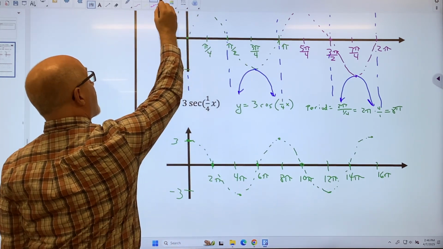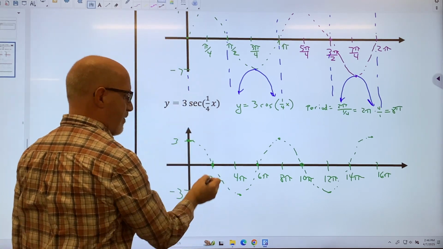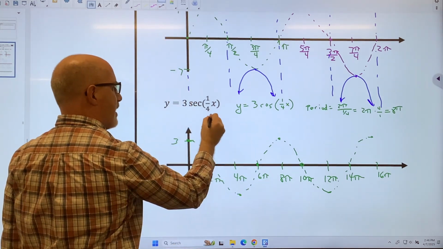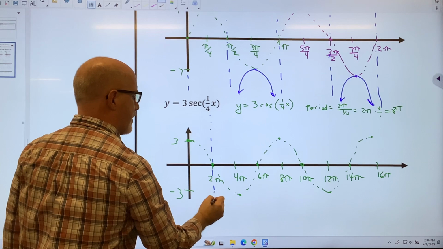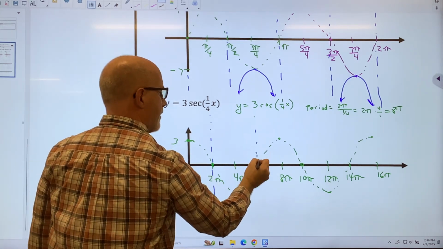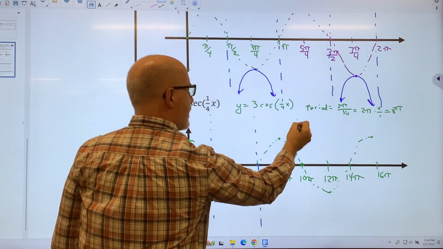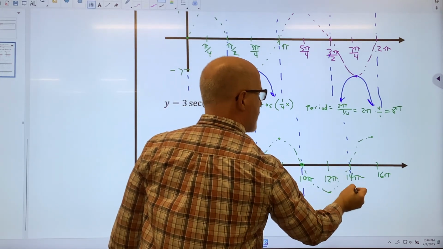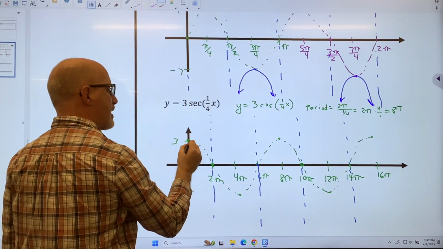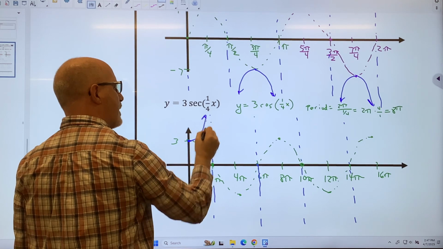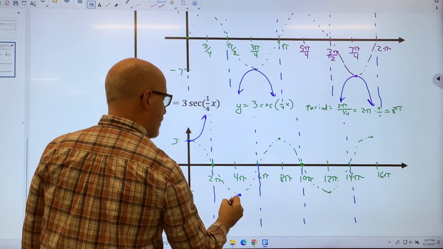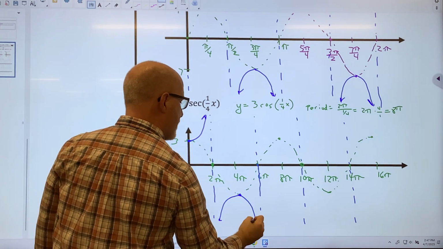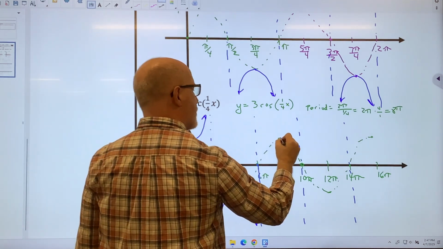Now I finalize my graph by drawing an asymptote wherever it crosses my midline. So I get these asymptotes drawn, and then wherever I have a maximum, go inverse to it, go up. Minimum, go down to the reciprocal direction.